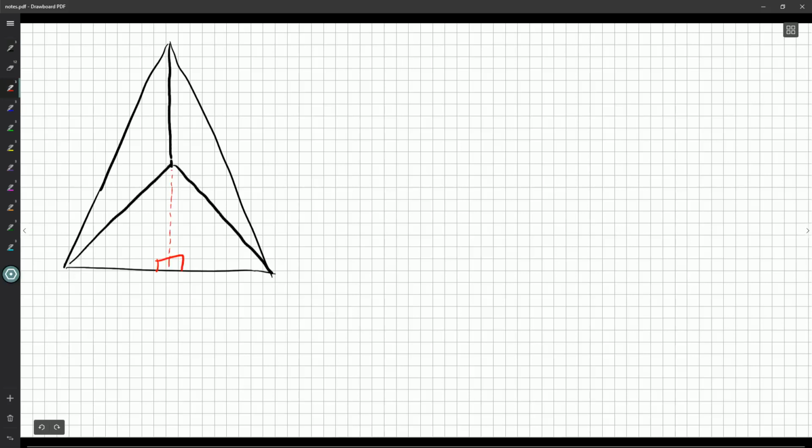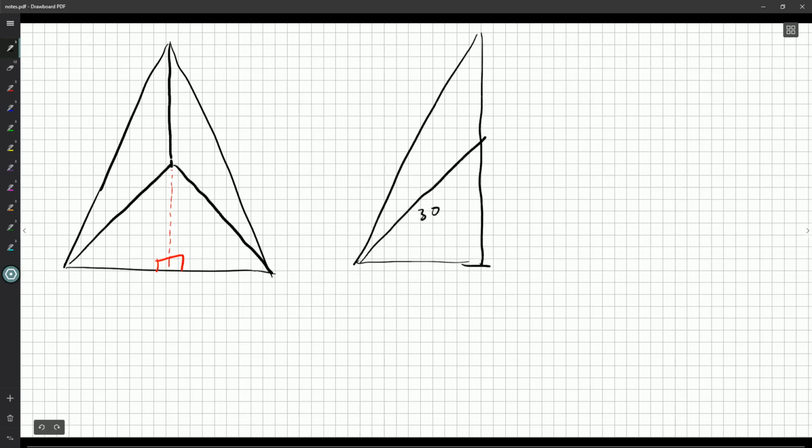So we just want this triangle right here. We have a 30 here. Now, the base over here was 30. Split that in half, because altitudes of isosceles and equilateral triangles split the base in half, so we'll get a 15 here. And we know we got a 39 here.